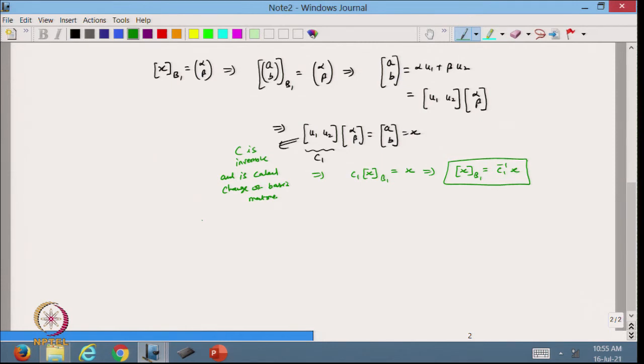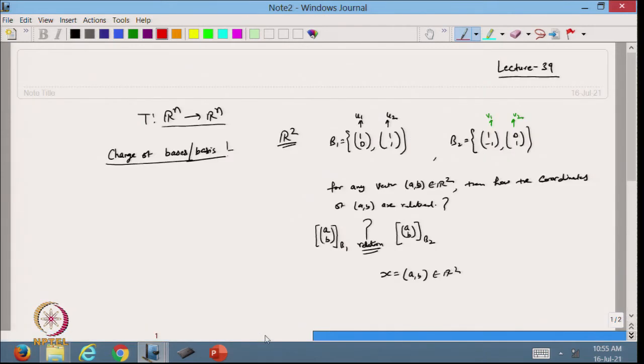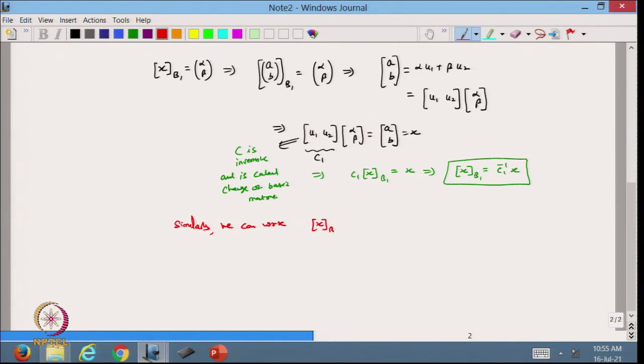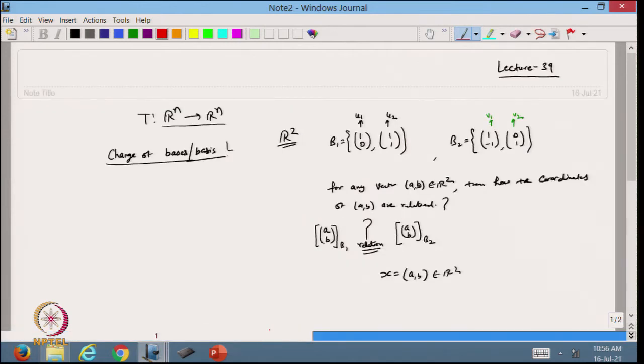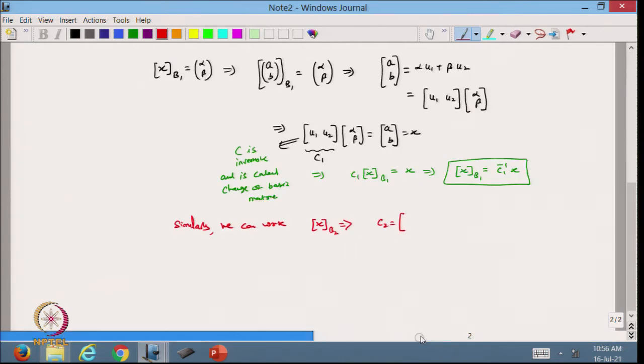Similarly, we can write this for x. Here I have taken the two bases B1 and B2. Now I want to write the coordinates with respect to basis B2 of the same element. Similarly, I will make a matrix C2, made up of the vectors V1 and V2 as column vectors.